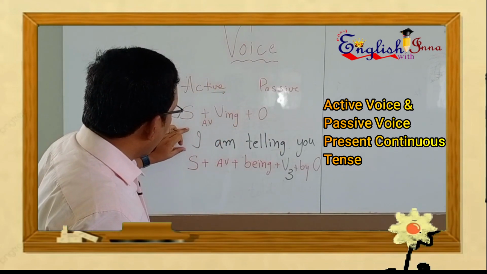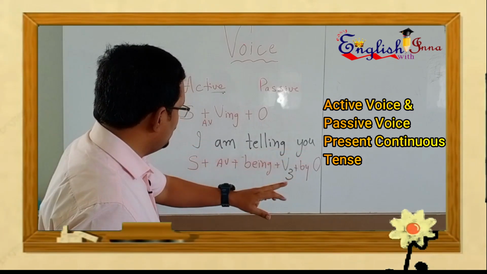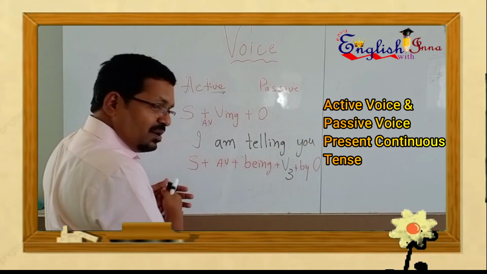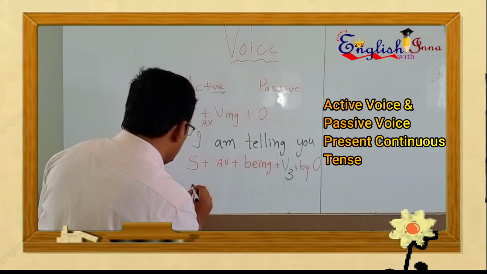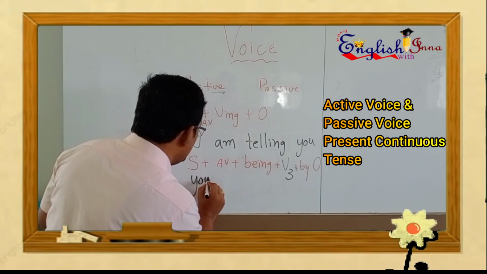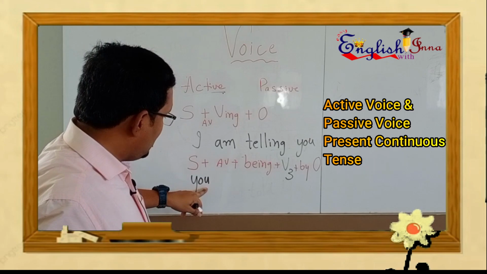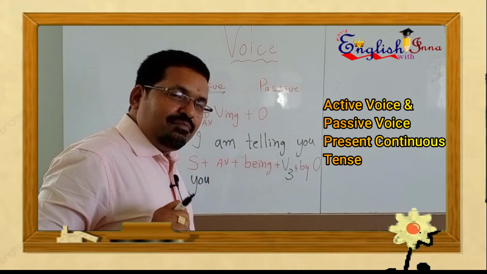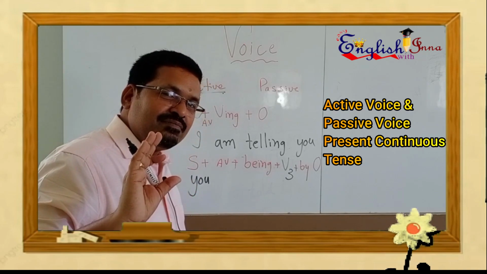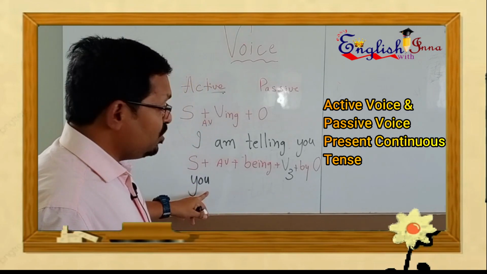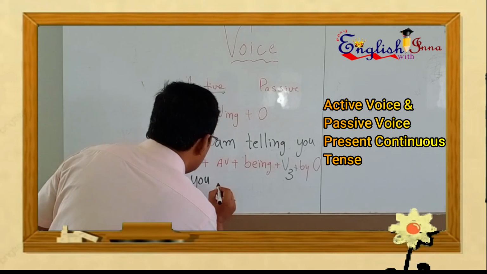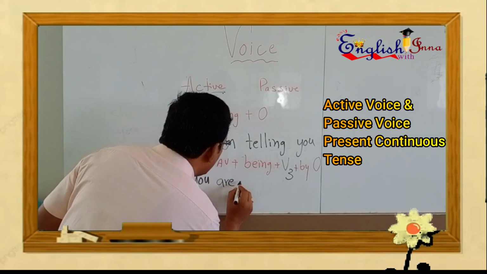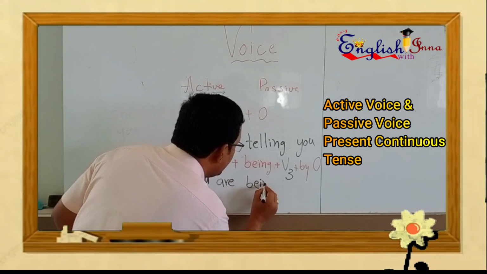So how are we going to do this sentence? Let us see. I am telling you. You will become the subject. You again. What is the auxiliary verb that we use in the simple present tense? You are. You are being.